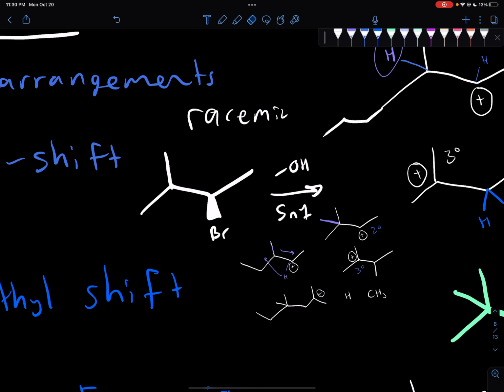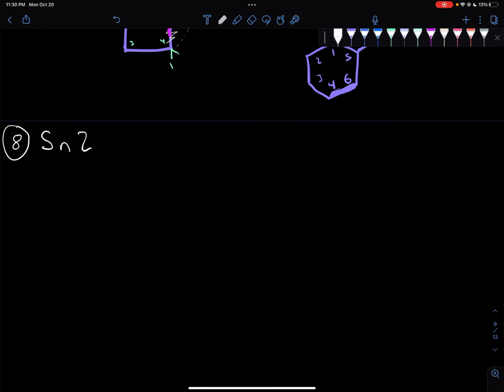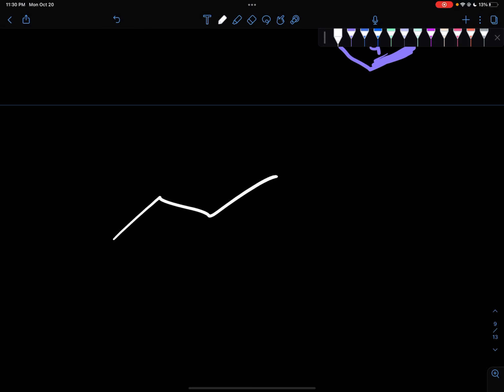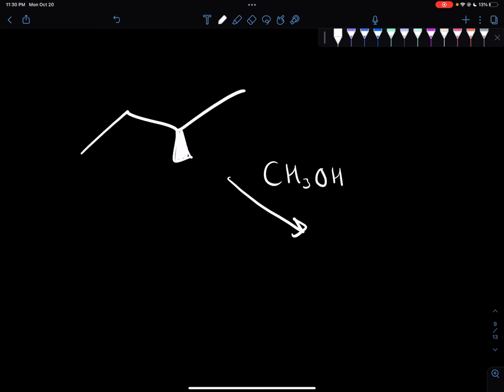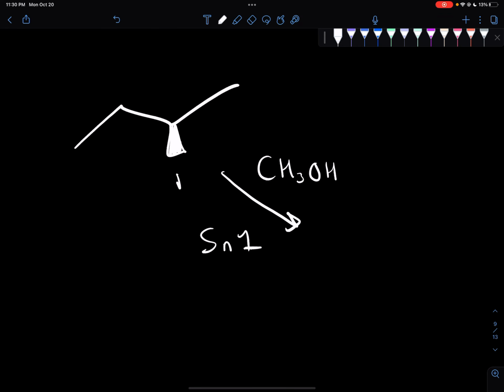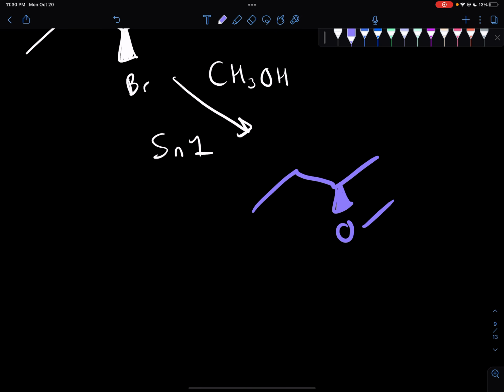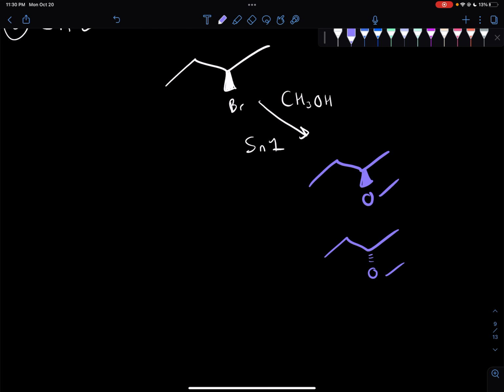One second. Honestly, this was a bad example. Let me erase some of this stuff. Okay, let's say you had this. You react it with methanol. And I'm telling you specifically to do the SN1 reaction. You're going to get a mix of this and this in equal amounts, otherwise known as a racemic mixture.